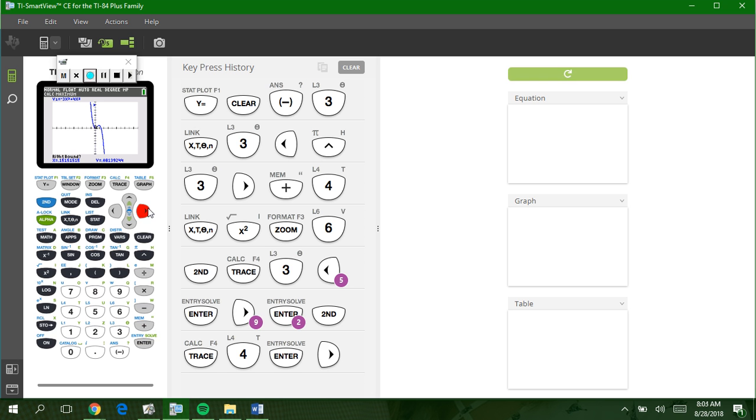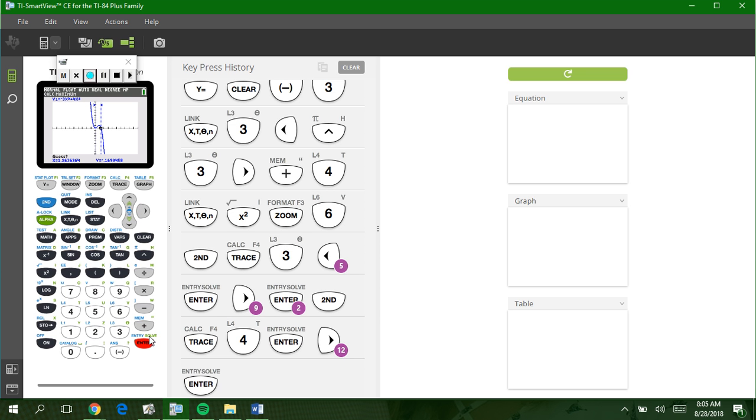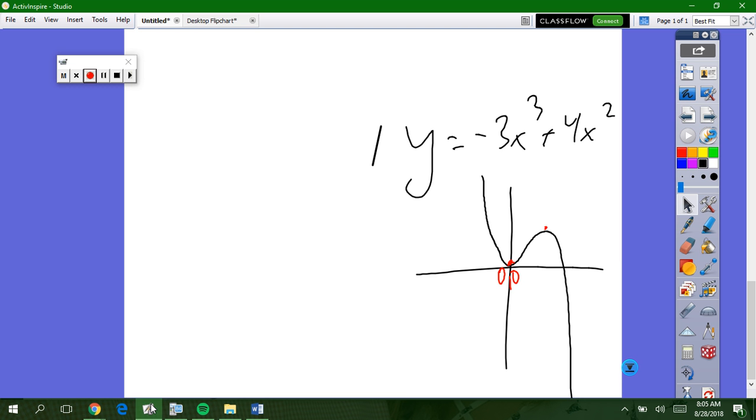So then we come over here, and we are to the right of that high point, so I hit enter. Now for me, that says 1.27, or we could go 1.28 if we round to the hundredth, comma, 0.28. So, coming back here, this high point was at 1.28, comma, 0.28.